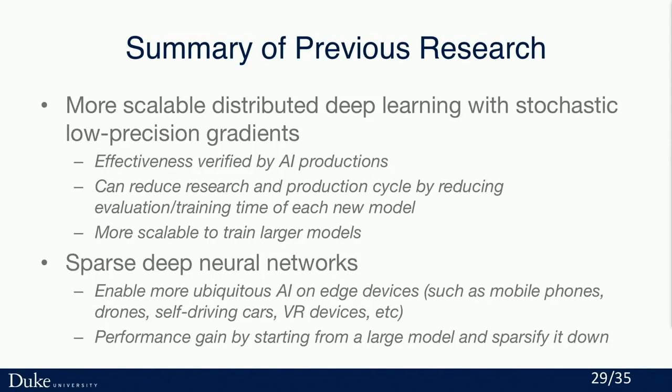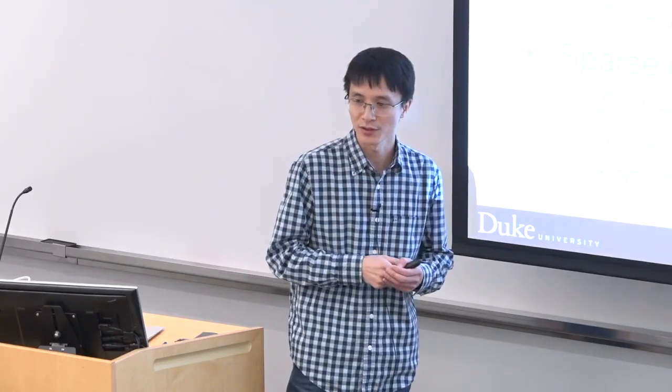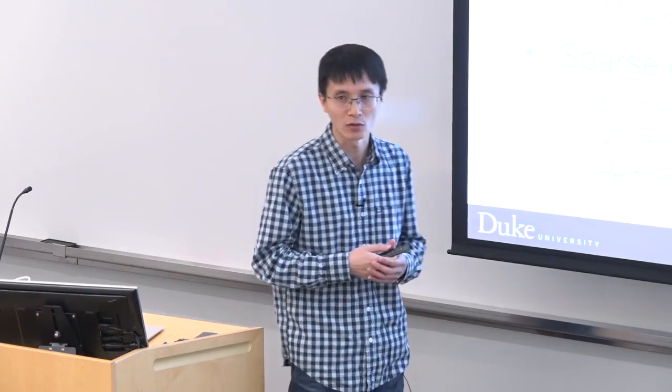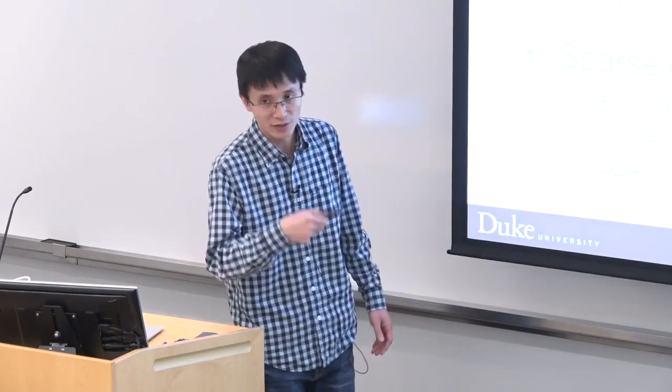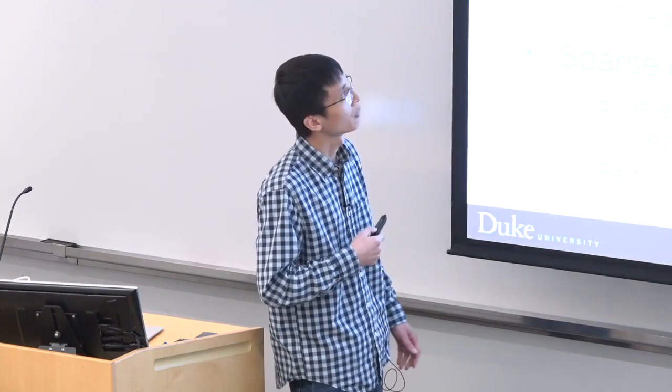So this concludes my previous research. To summarize, we did research to make distributed training more scalable using stochastic quantization over the gradients, and it's effective, as evaluated by Facebook's AI production.